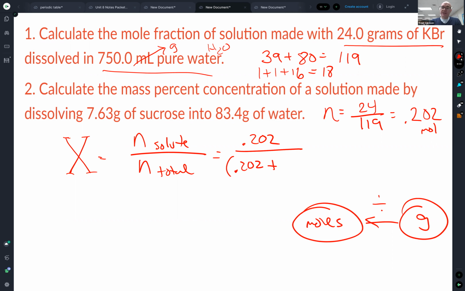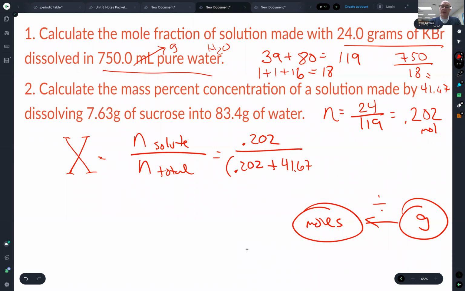So we've got the weight of 750 grams divided by 18. Put that into your calculator, and you get 41.7, with 4 sig figs, 41.67.